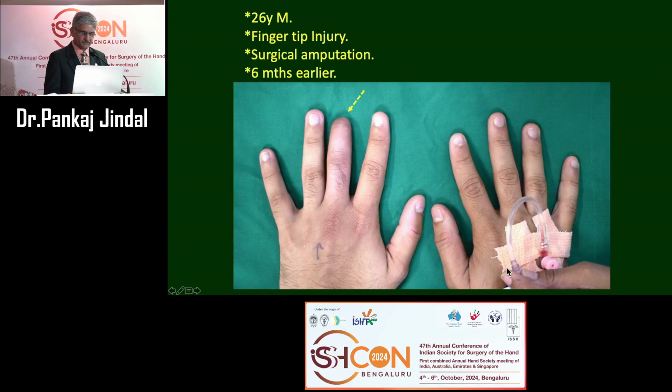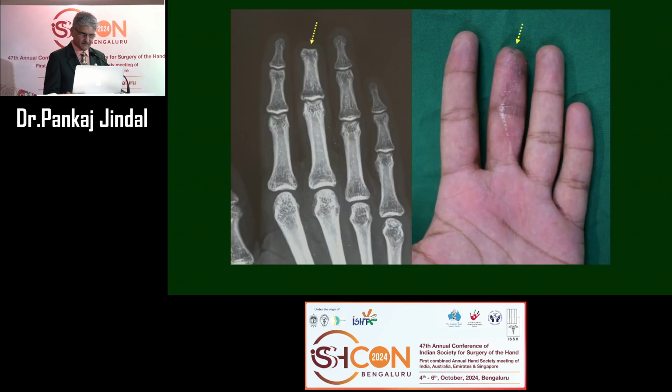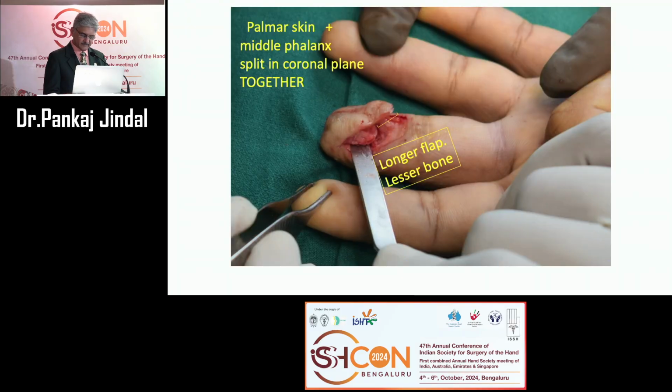So the first example, this 26-year-old male had a fingertip injury 6 months earlier, and this is how he presented to us. The volar skin of the middle phalanx with the volar cortex of the middle phalanx was reflected distally. They were taken together. The skin is slightly longer because we need to know how much we are dissecting and we need something to purchase.